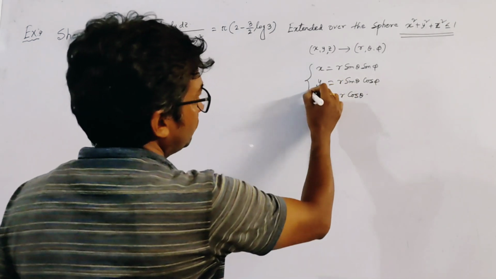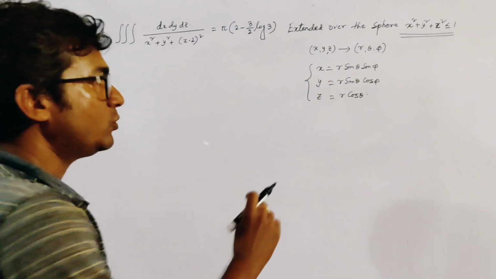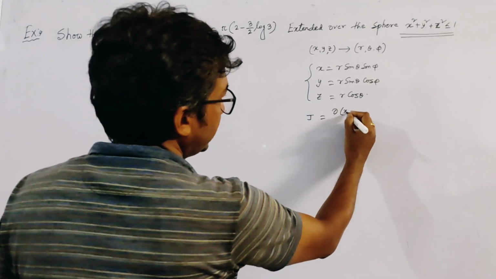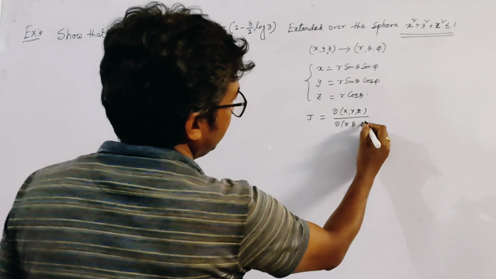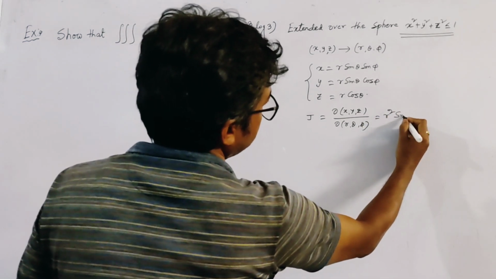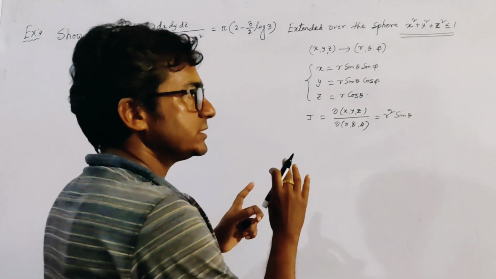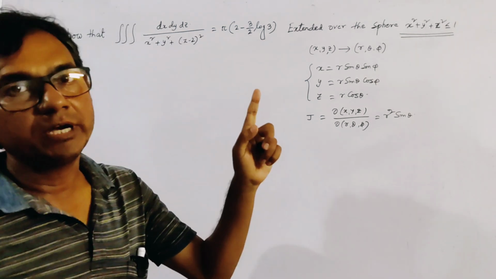Now we know that the Jacobian of this transformation, del (x, y, z) by del (r, theta, phi), is equal to r square sin theta. We discussed this in detail in the class on spherical coordinate transformation.